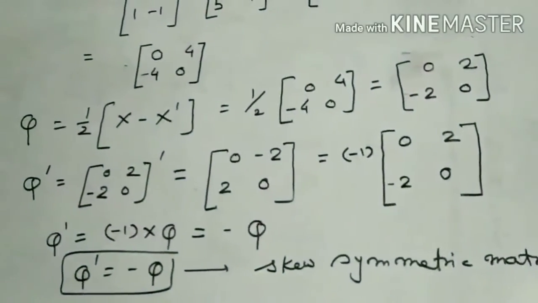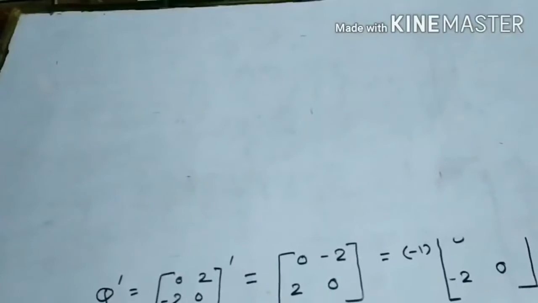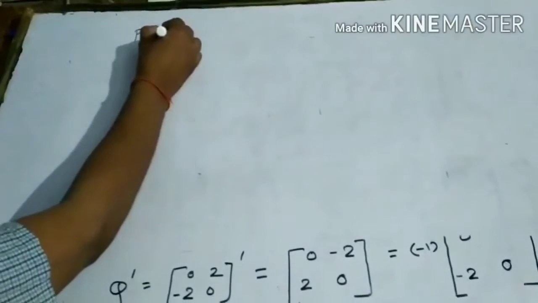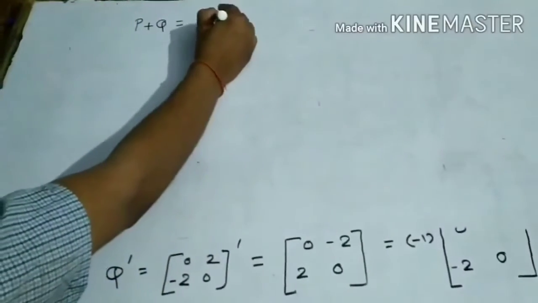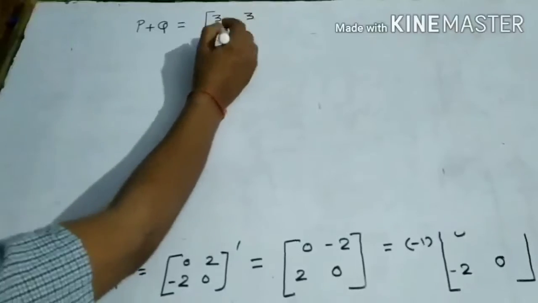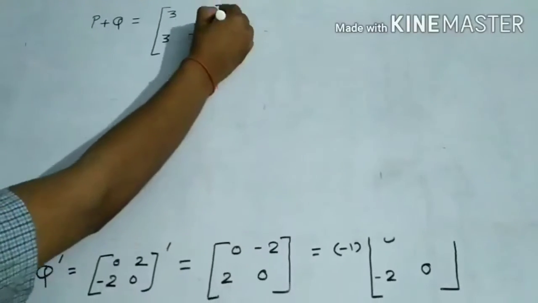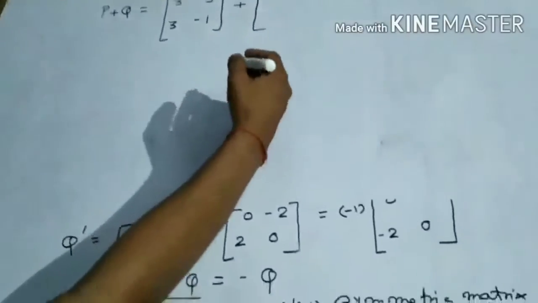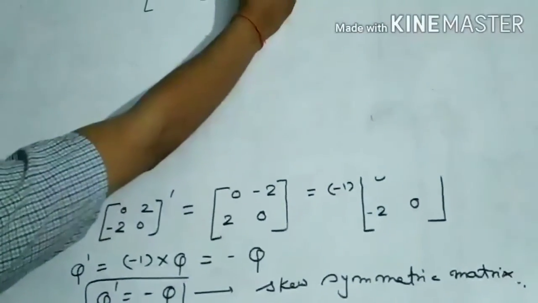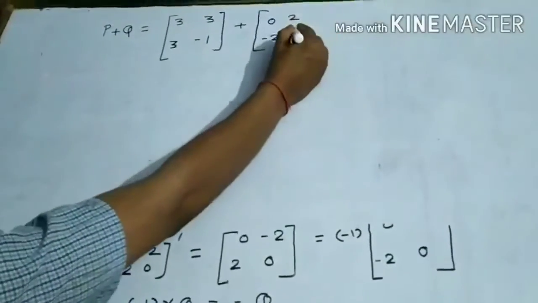Now after that we want to find the value of P plus Q. P plus Q is equal to the value of P, [3, 3; 3, -1], and matrix Q, which we have written as [0, 2; -2, 0].